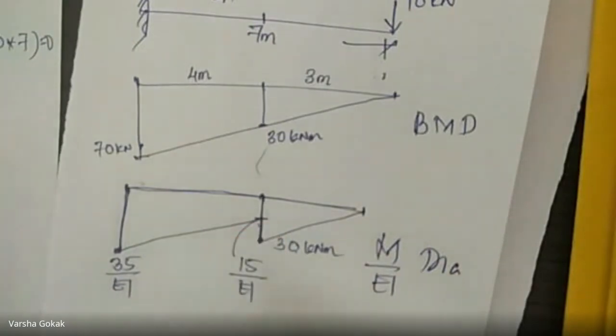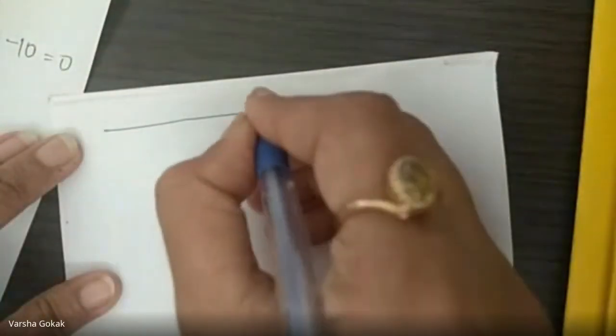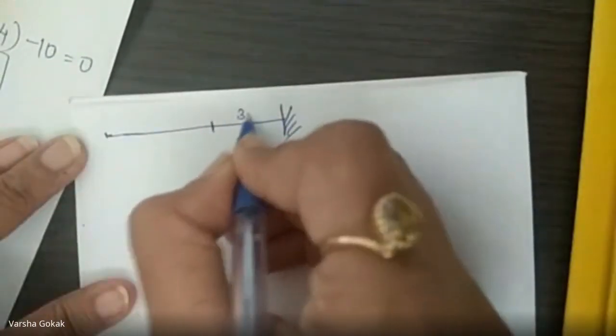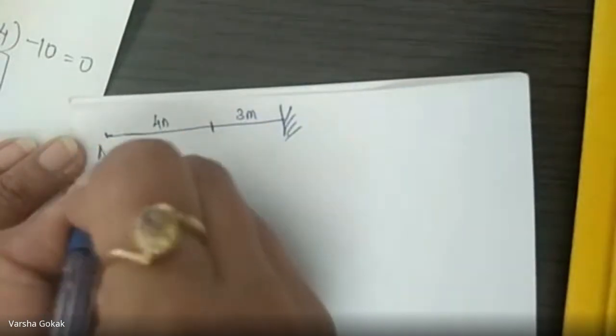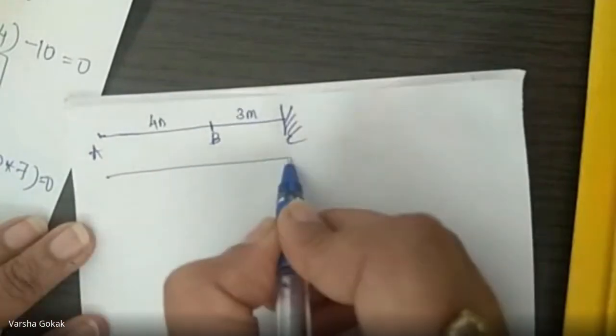Clear? Now let us plot the conjugate beams. All your diagrams have to be very right for this numerical especially. So when we draw the conjugate beam, for UDL we'll draw this. In the conjugate beam, this side is your fixed end. This is 3 meters, this is 4 meters, A, B and C. Let us draw for UDL first.